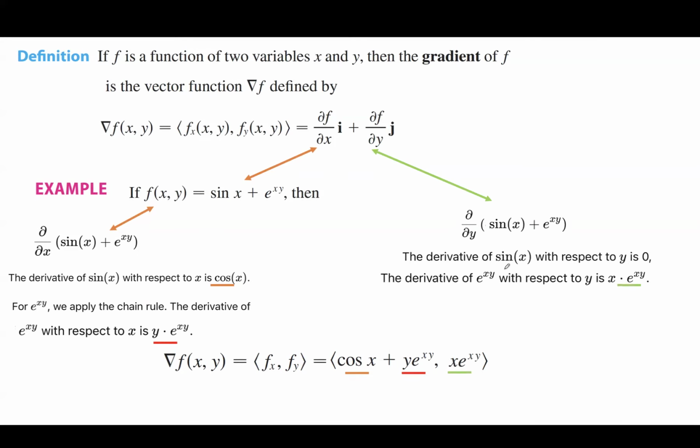If I ask you to calculate the gradient of the function at a specific value, now that you have your vector function, you just need to do the substitution. You plug in 0 for your x, and then 1 for your y. You get 2 and 0. So that's how you calculate the gradient of a function at a specific point.